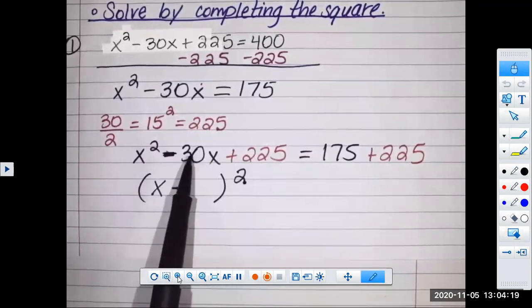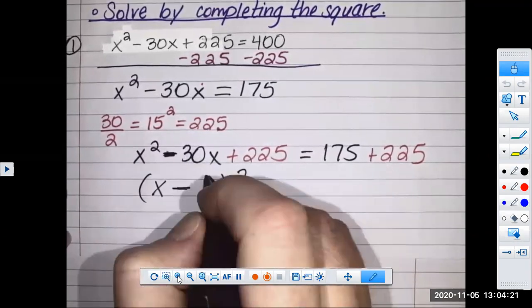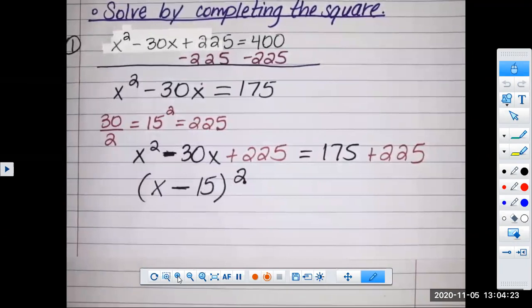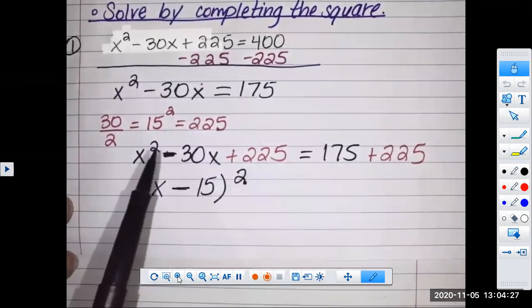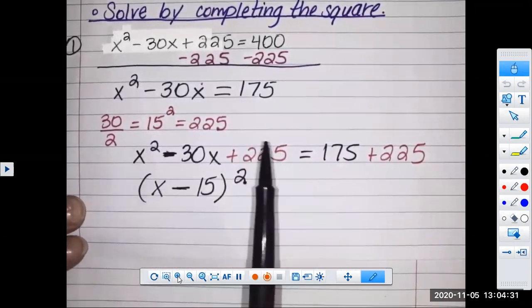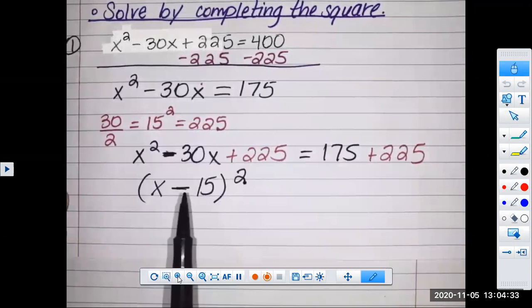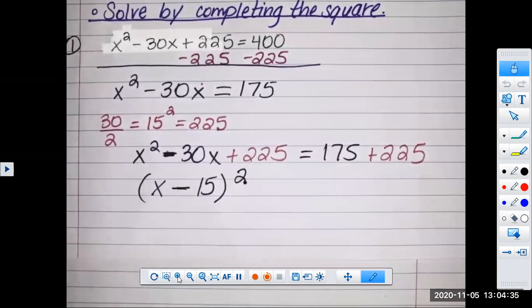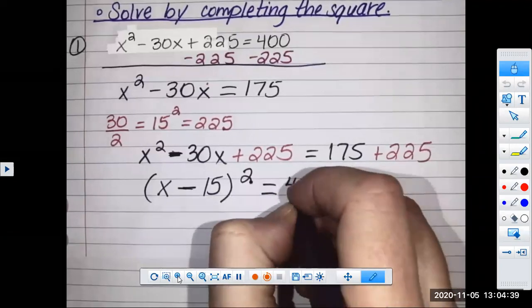What was half of that? Good. Or you can think about it like this. To get this, you're taking the square root of the first term and the square root of that last term. And the sign comes from the middle. And I'll set that equal to 400.